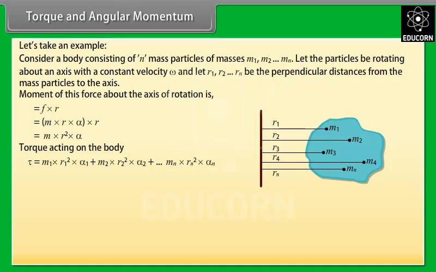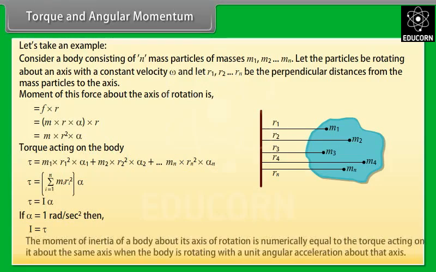This equation can be written as tau equals summation from i equals 1 to n of mi ri square into alpha. This gives tau equals I alpha. If alpha is equal to 1 radian per second square, then I is equal to tau.